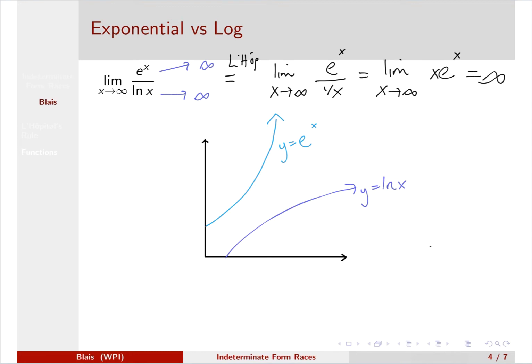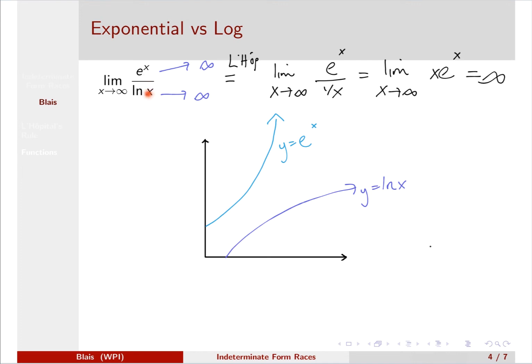So you can think of this as a race where it's no contest. An example I like to think of is the classic Bugs Bunny cartoon where Bugs Bunny is racing the tortoise. And when they say go, Bugs Bunny basically disappears because he's so much quicker than the tortoise. He's orders of magnitude faster than the tortoise. And that's what this is telling us.